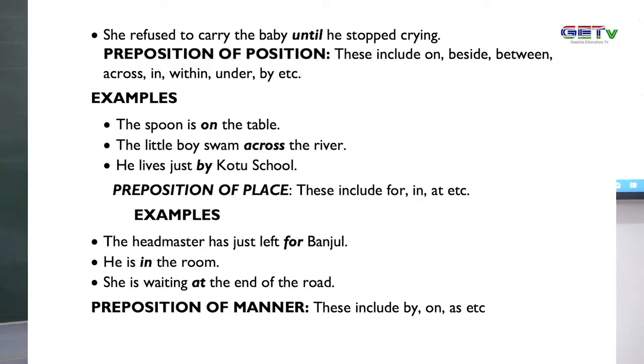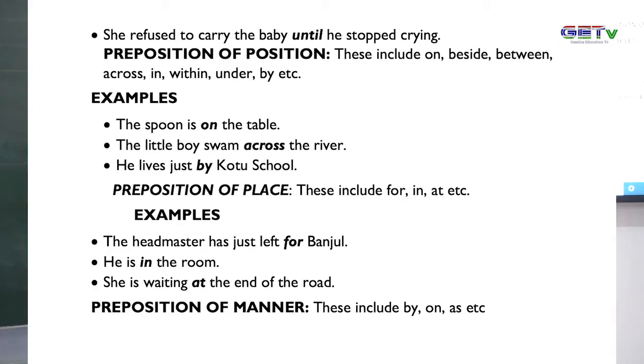When you look at this, we have there "on," which is a preposition. 2. The little boy swam across the river. The "across" there is also a preposition. And then 3. He lives just by the school. The "by" also is a preposition. From there, we move on to another role or function of preposition, which is preposition of place.